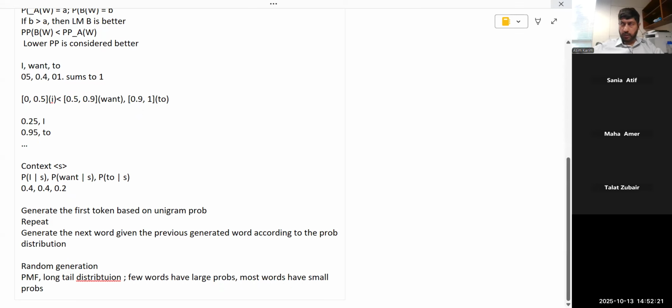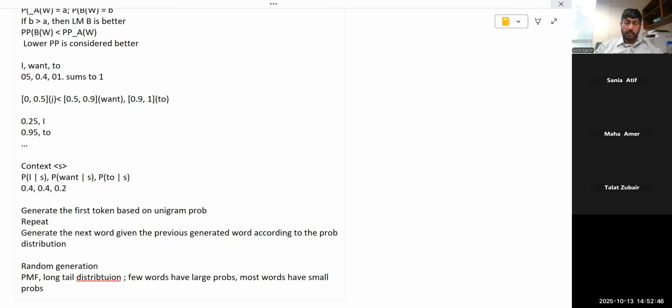Meaning that वही जो long tail distribution, शुरू में बस थोड़ा सा पार्ट है जिसकी probability हाई है, बाकी सारी आपकी यूं करके long tail चली जा रही है with small probabilities. So उससे ये होता है कि you tend to generate words that are of high probability multiple times, and of course that is coming from the probability theory, but sometimes हम इसको change करना चाहते हैं in some controlled way.